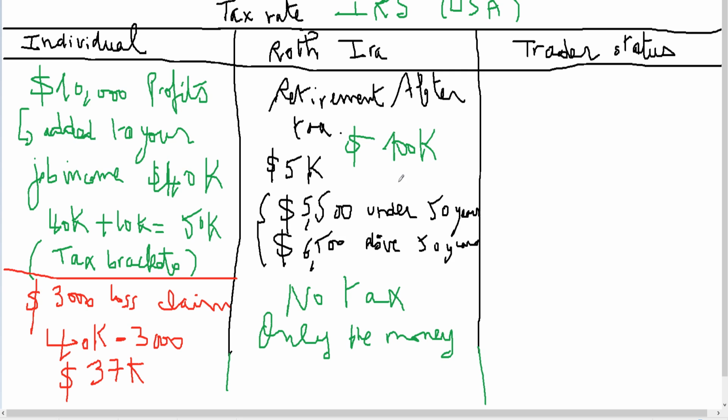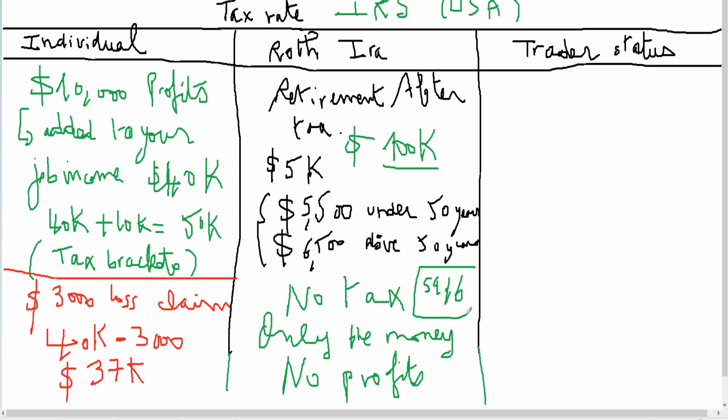Okay, let's say you put this $100,000 in for 20 years. Now, if you need money, what do you do? You take only the money that you put in, not the profits. No profits will be taken until you reach the age of retirement, which is 59 and a half.